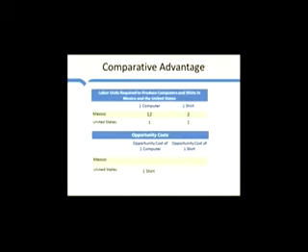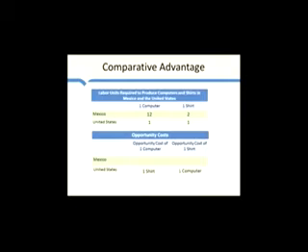Okay. Slightly harder case. What's the opportunity cost of 1 computer in Mexico? So in Mexico, in order to get an additional computer, you'd have to transfer labor from shirt production into computer production. Okay? But how many units of labor do you need to transfer? You need to transfer 12 units of labor. In order to get 1 computer, you're going to have to take 12 units of labor from shirt production. That means how many fewer shirts?